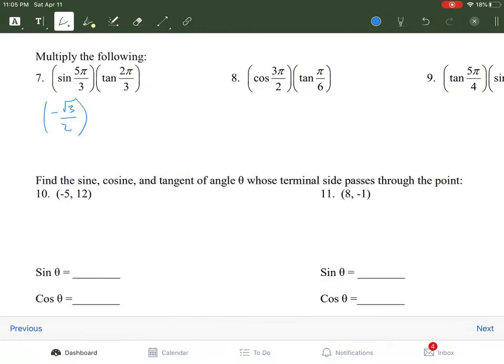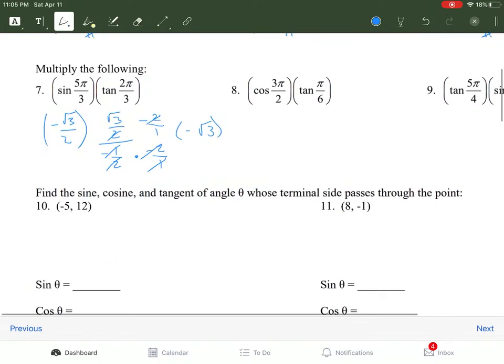For tangent of 2 pi over 3, we look at 2 pi over 3, it's going to be y divided by x, so you have √3 over 2 divided by -1/2. We have this complex fraction, we need to get rid of it, so we multiply by the reciprocal of the denominator, -2 over 1. The 2's cancel, and you're left with -√3.